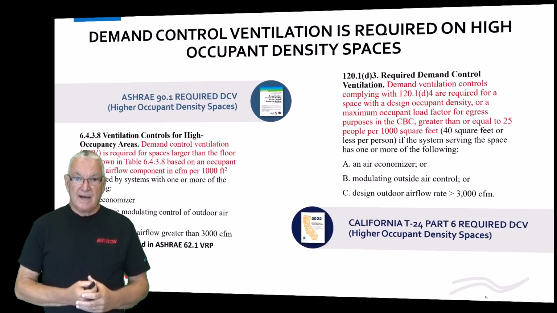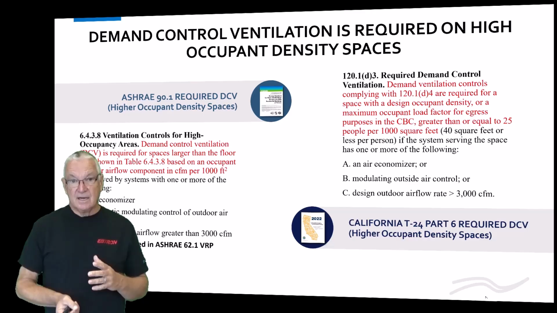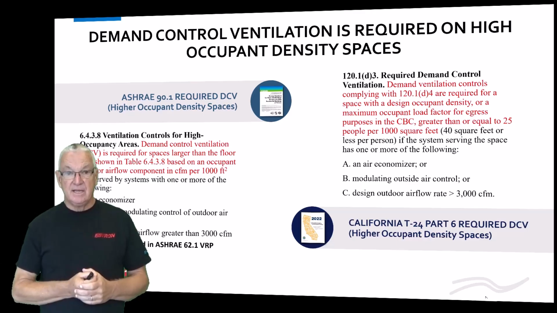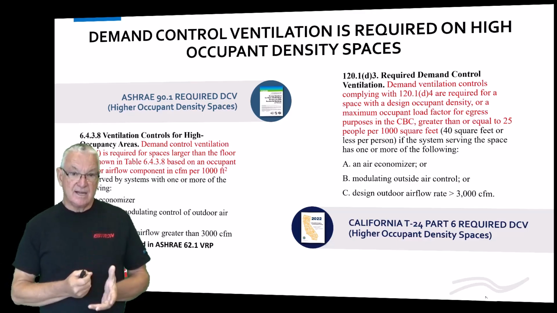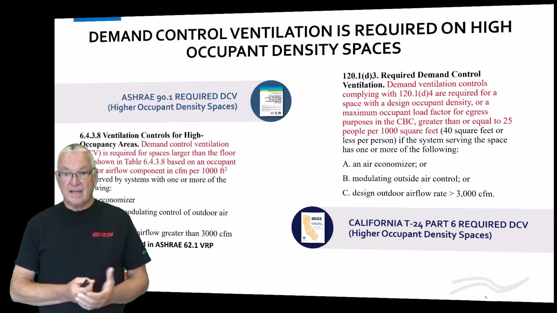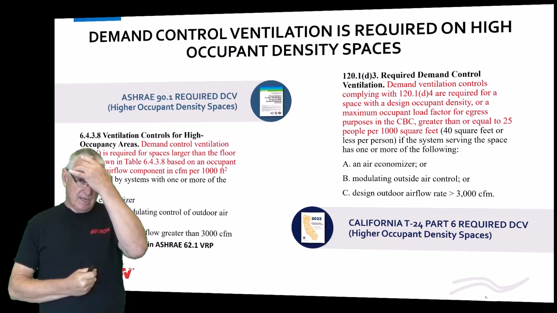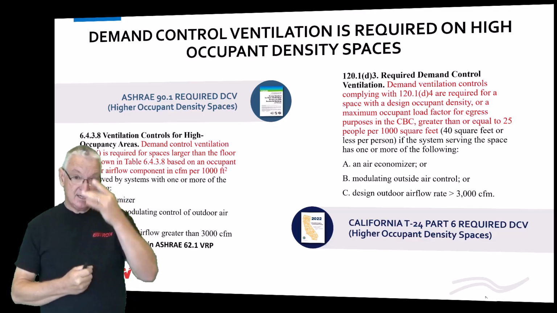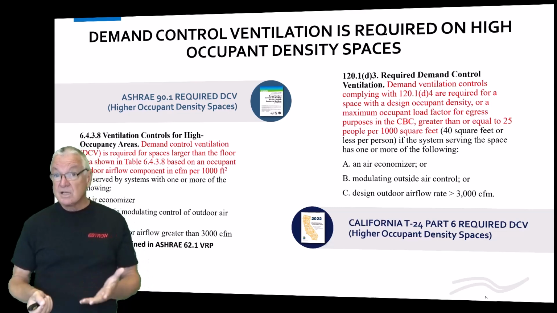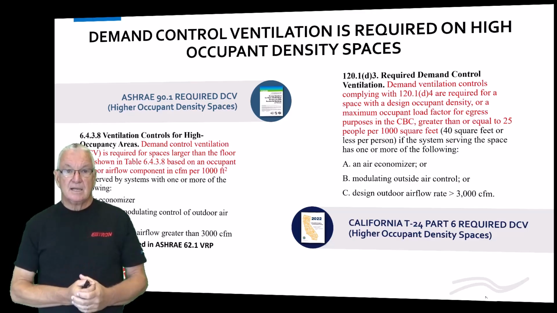Okay. Now we're going to look at what basically drives DCV, and for most of us, it's going to be Standard 90.1. A lot of your energy codes are really built on 90.1, and in California, it's going to be Title 24, Part 6. Now, for the longest time, California Title 24, Part 6 and 90.1 were pretty much almost the same language for when it was required, but 90.1 kind of expanded the scope of DCV.